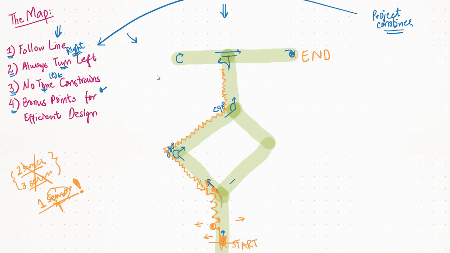It would be able to turn here, and here it would be able to make a U-turn without even thinking about it twice. It's just following this logic. So it would be able to reach this end using this logic.